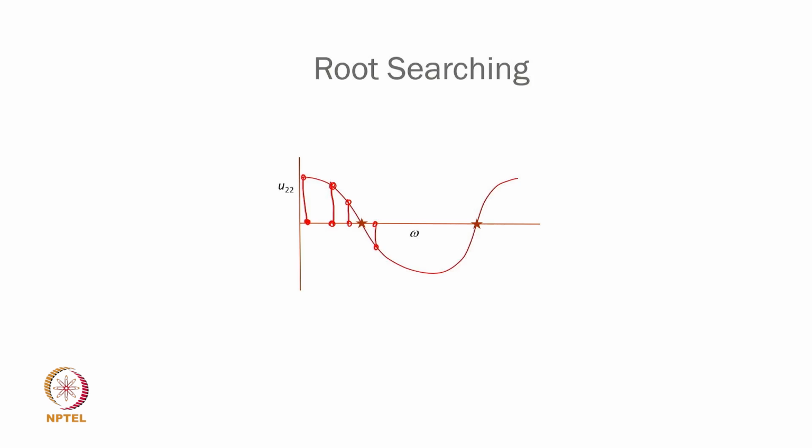The moment the sign changes, I can increase this omega by a slightly lesser delta omega value and then basically search for the value of omega where the sign change happens. That is the root searching method, but this is numeric, so it is an iterative process.